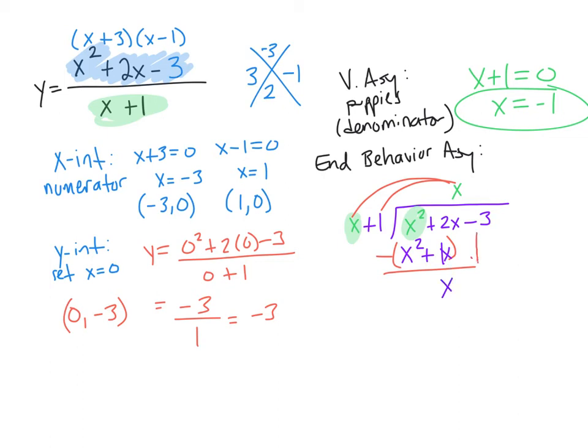Then we're going to bring the negative 3 on down. Then again, we're just looking at the first terms. So x times what will give me x? If you said 1, you are the lucky winner: x plus 1. So what's 1 times x?